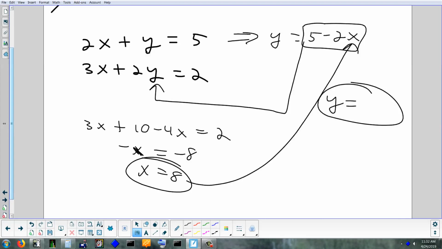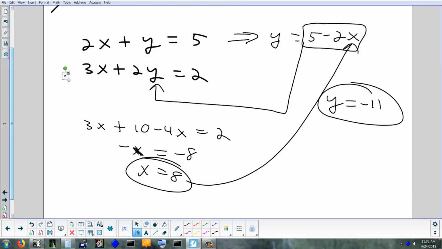Okay, so when you plug x back in, what would you get for y? Yeah. Negative 11. And there's your two answers. Now, if I were to graph these two lines, I'd have to get y by itself.